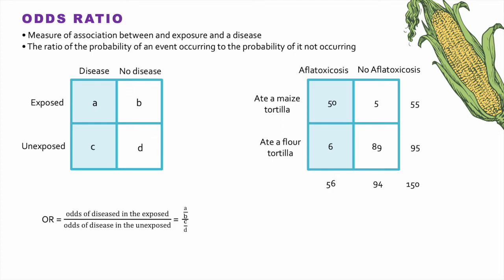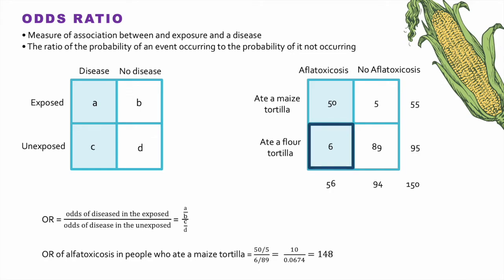For the odds ratio in this example, we're going to divide the 50 people who are ill who ate a maize tortilla by the 5 people who ate a maize tortilla who are not ill, because that's the odds of disease in the exposed, which is everyone who ate a maize tortilla, divided by the 6 people who got sick but did not get exposed out of the 89 people who did not get exposed and are not sick, because that's the odds of disease in the unexposed.